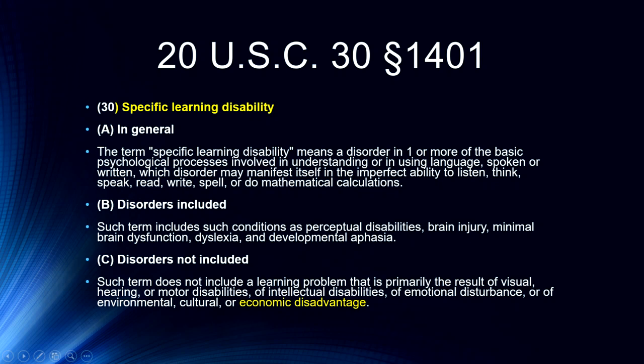What I want to point out, and this is what I find offensive, and this is what happens when you let politicians write diagnosis categories. This term does not include a learning problem that is primarily a result of visual, hearing, or motor disabilities, or intellectual disabilities, or emotional disturbance, or of environmental, cultural, or economic disadvantage, which is basically Congress's way of saying, I'm sorry that you weren't able to learn how to learn because your parents were struggling through poverty and working 3 jobs.